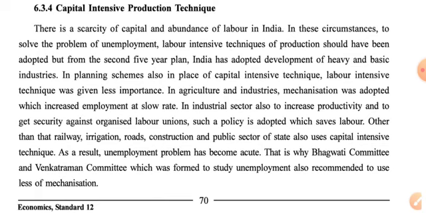So in these two main sectors, agriculture and industry, manual work was initially done with the help of labor, but now mechanization was adopted, which increased employment at a slower rate.